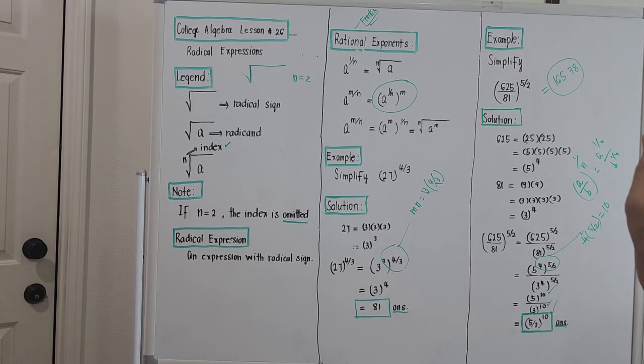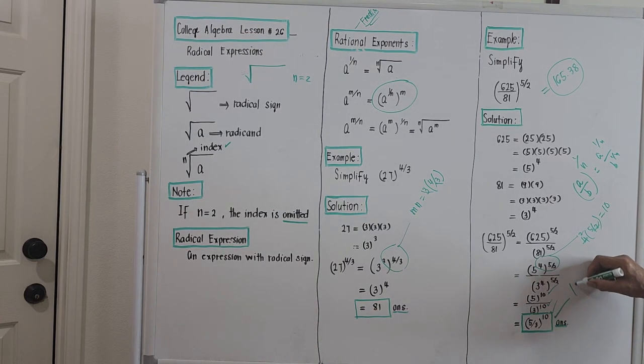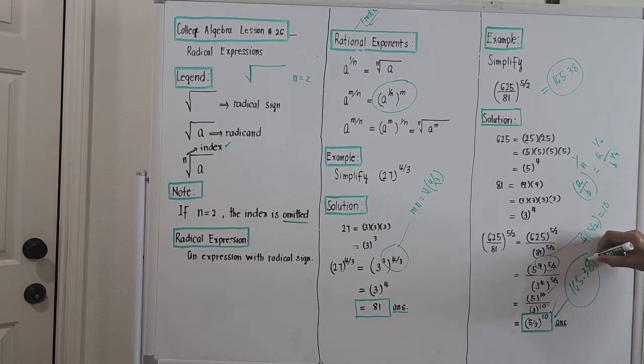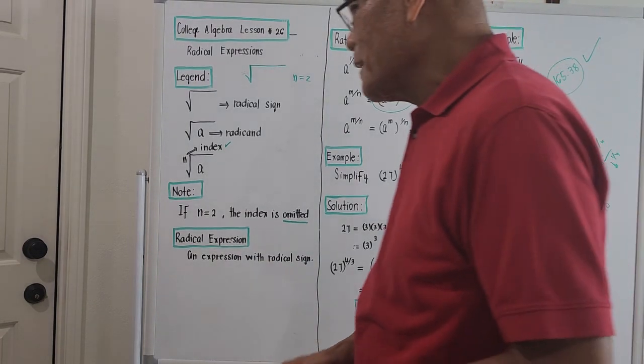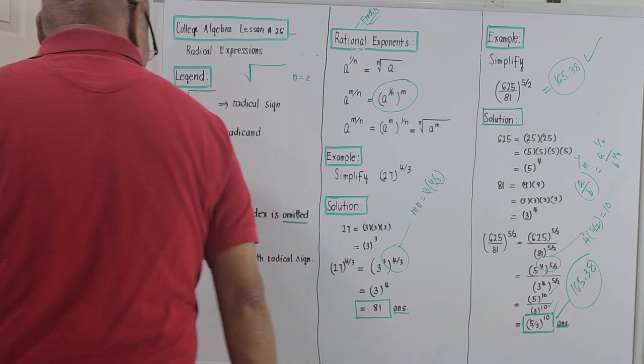This is still 165.38. So the equivalent of this is actually 165.38, and this one here is the same as this one. So our answer, 5 over 3 raised to the 10th power, is correct. Okay, that's it guys. That's the way to simplify radical expressions.